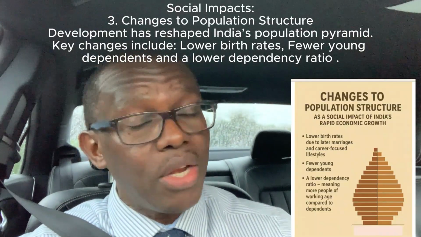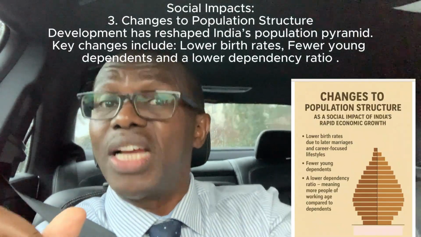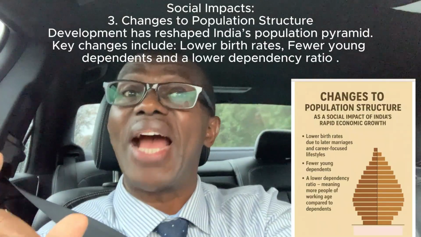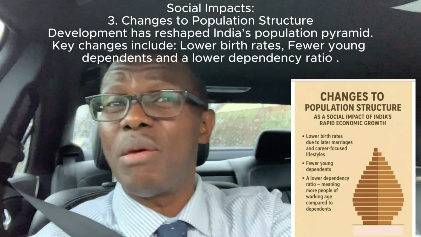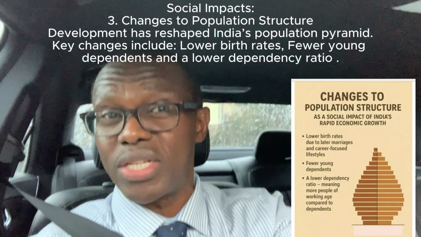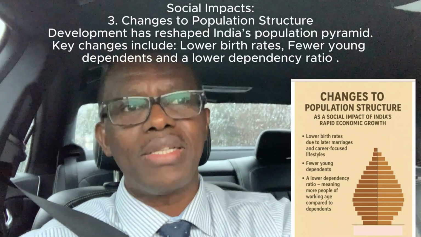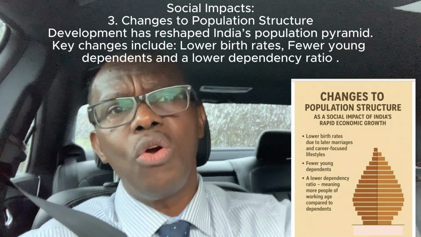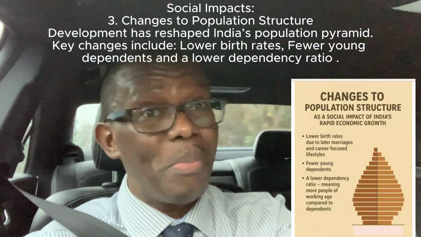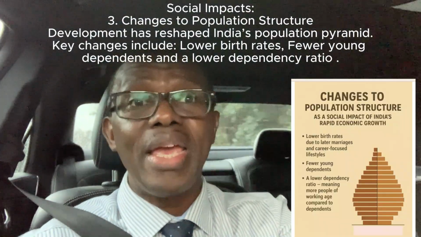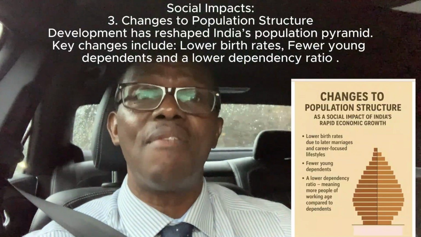And then a declining economically active part of the population, because it's not being replenished by the birth rates that were high previously but have now declined. So as a result of that, we are going to have a higher dependency ratio in the future. So by 2050, India is likely to have a higher dependency ratio because they will have an aging population.